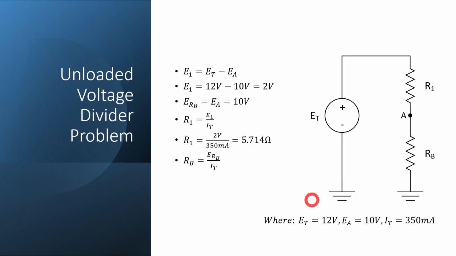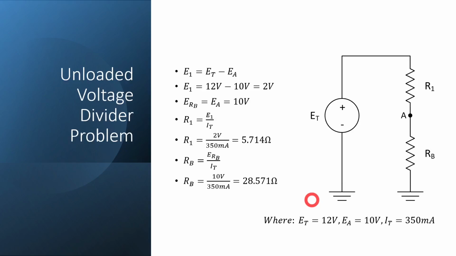Okay, and then to get our bleeder resistance, we're just going to take our voltage across that bleeder resistor and divide it by our current, and that is going to be 10 volts divided by 350 milliamps, and that will be 28.571 ohms.